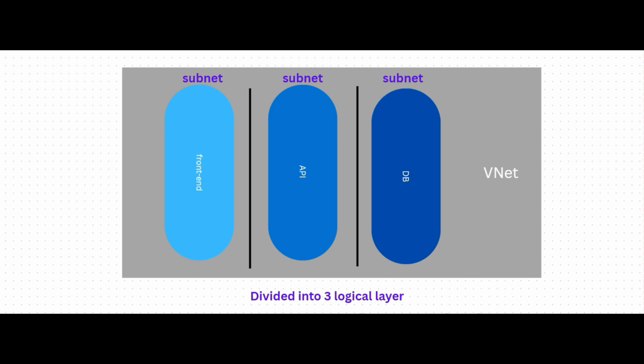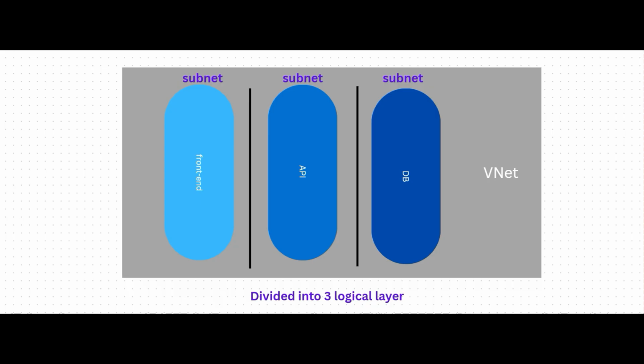This structure provides a secure, segmented environment within your Azure VNet. It ensures controlled communication between services, minimizes exposure to the internet, and maximizes security and isolation.